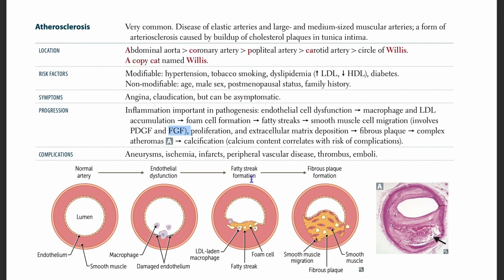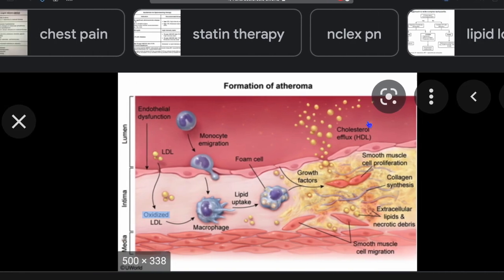So that's the fatty streak right there. So fatty streak is macrophage, LDL. So LDL-laden macrophages, the fatty streak, and the foam cell. Okay, so it's just the foam cell formation causing the fatty streak. Okay, so fatty streak happens before the smooth muscle cell proliferation.